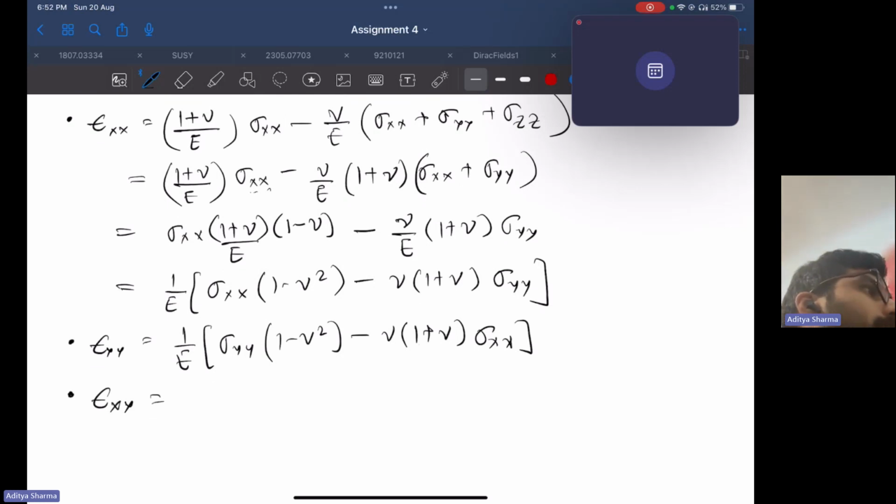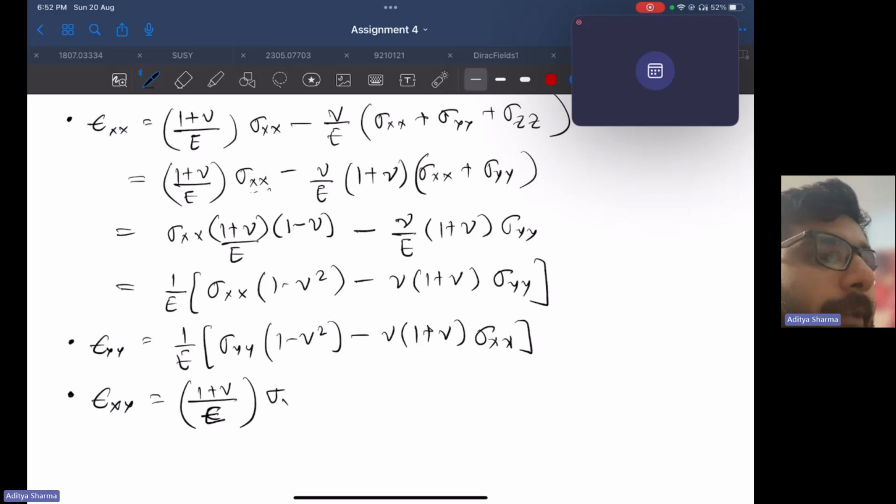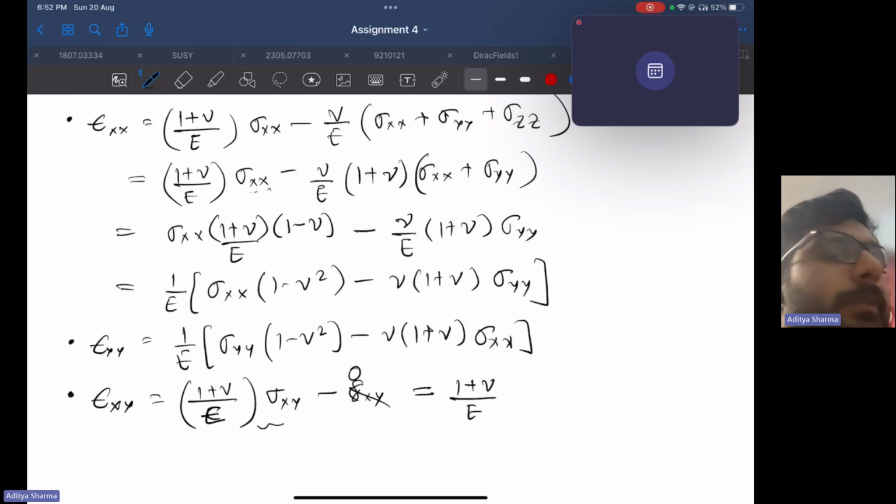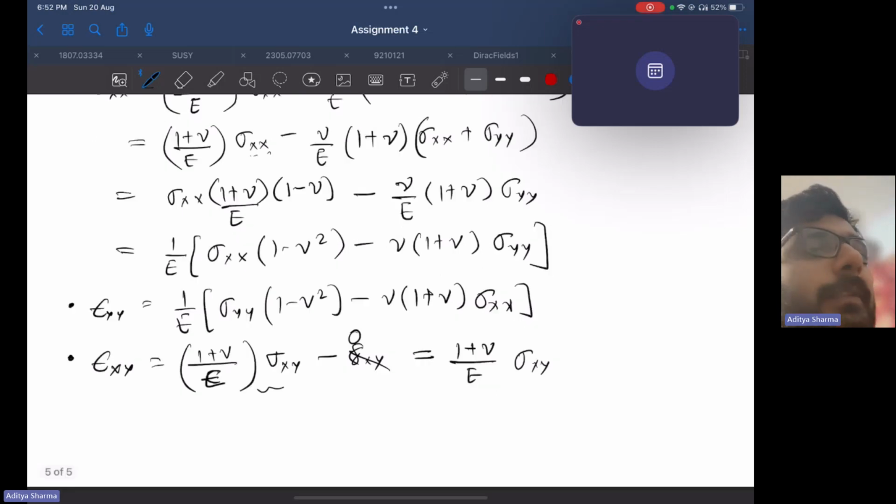Epsilon xy, we'll find this now. Epsilon xy, we have 1 plus mu by E times sigma xy minus a delta xy term here, and since this is 0, we'll just have this part. So this is equal to 1 plus mu by E sigma xy, just this.